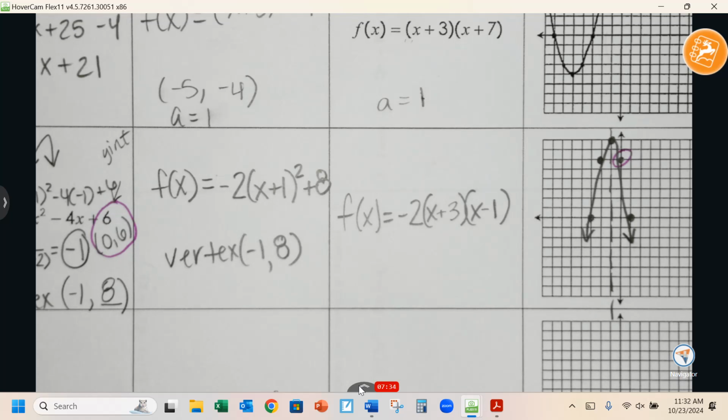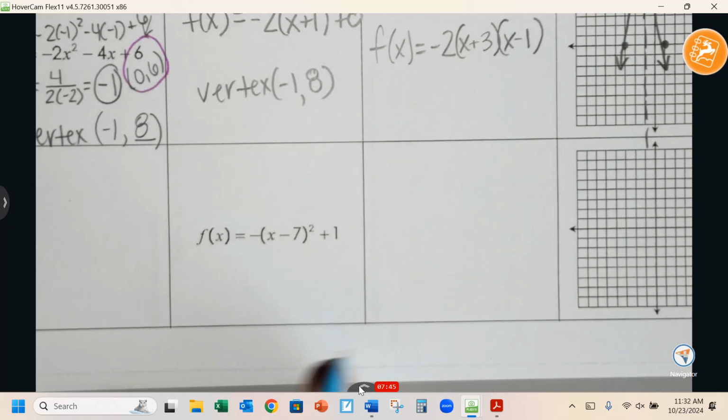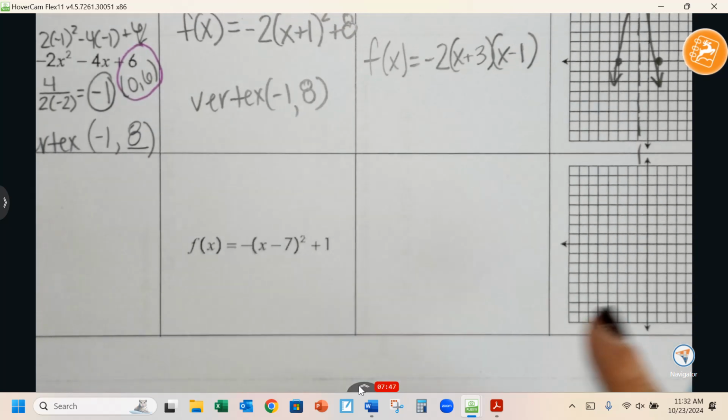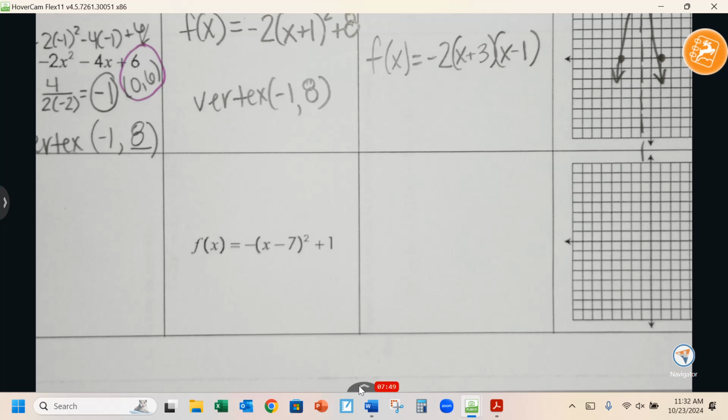Alright, make sure you're writing with pencil and try that bottom row on your own. If you make a bunch of mistakes, so what? We'll fix it today together. See if you can work across the bottom. Working from vertex, so the first thing I would do is graph it, and then write my other two forms.